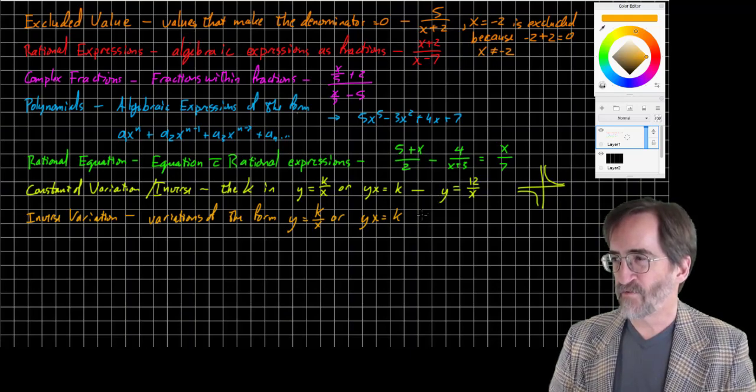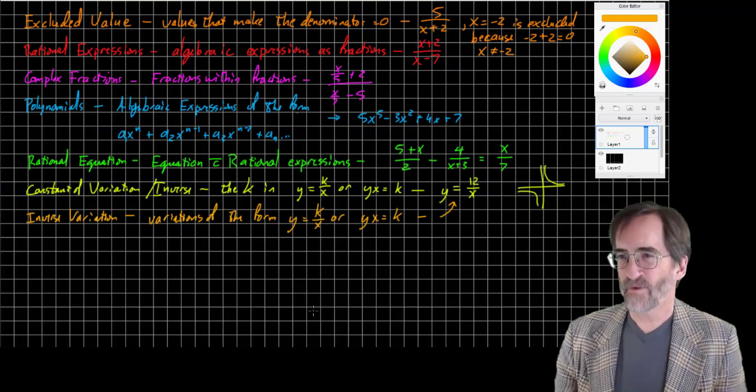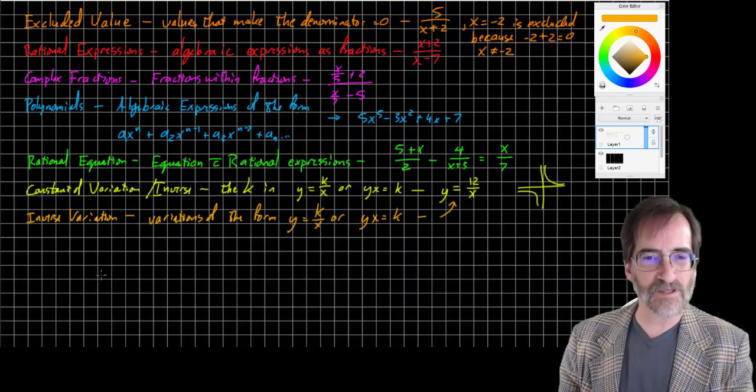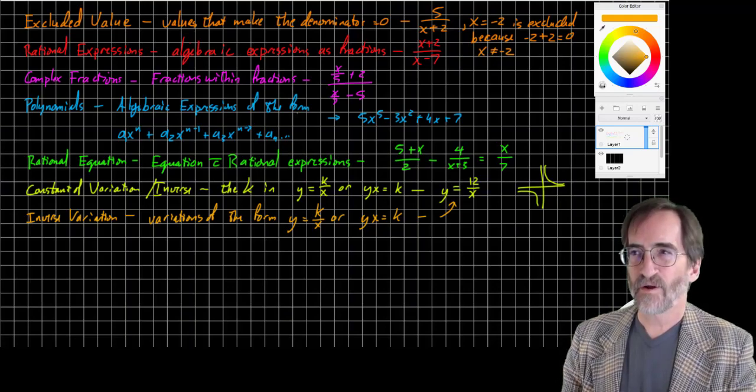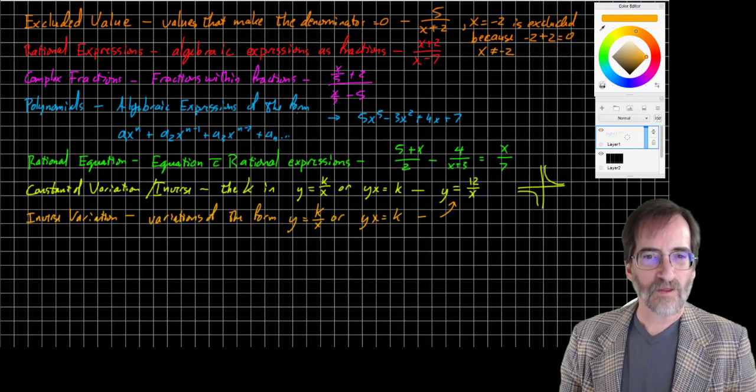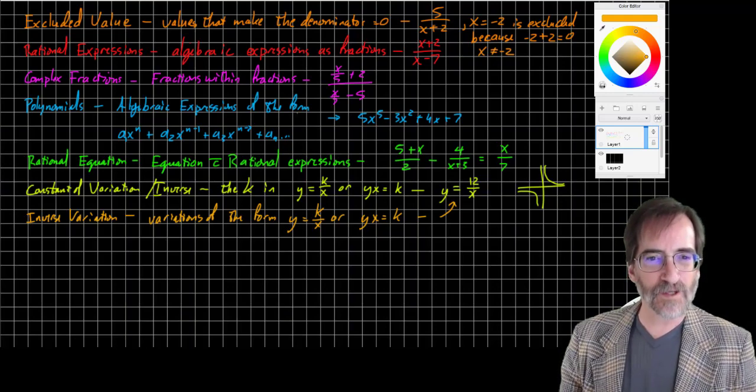And I've just given you one, and a specific example. Okay, that's lesson 7, inverse variation. Lesson 8's a review, so no new words. That is all the words for Unit 3, rational expressions and functions.